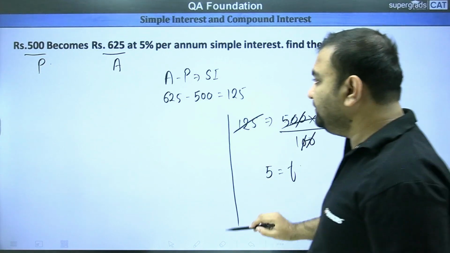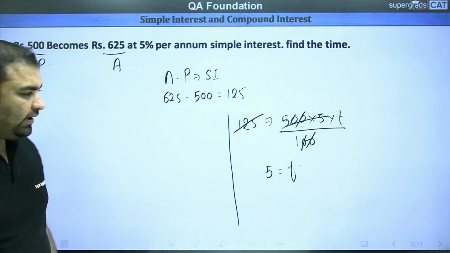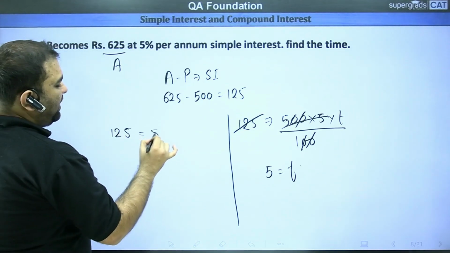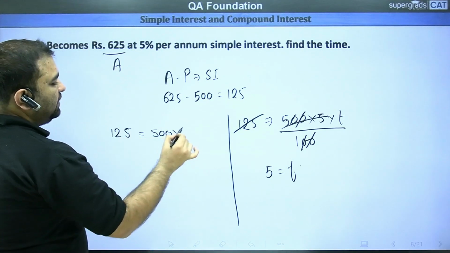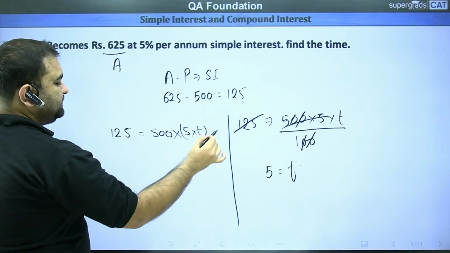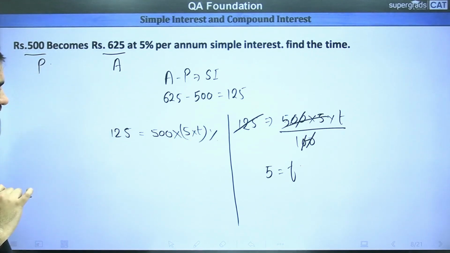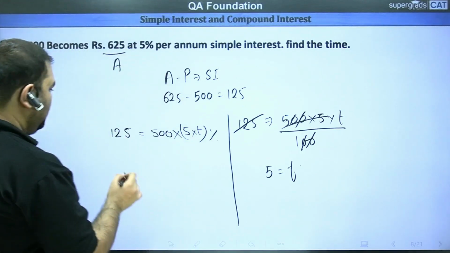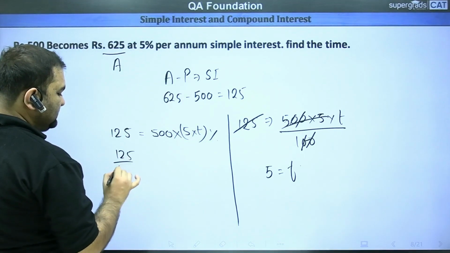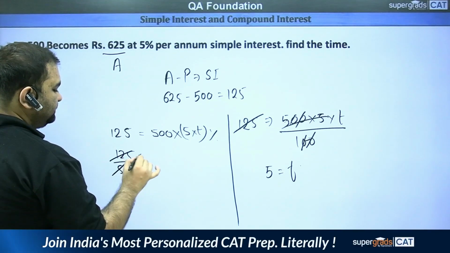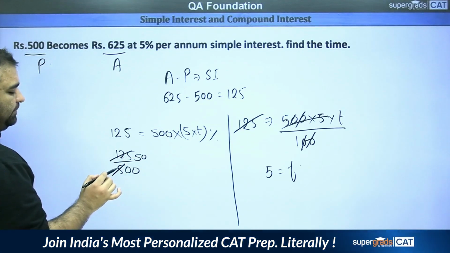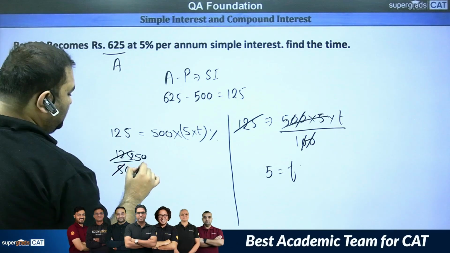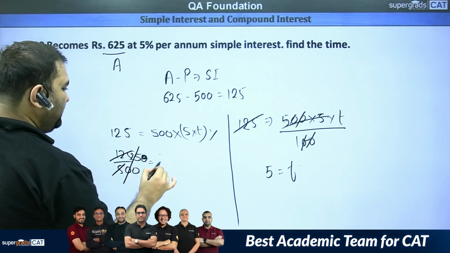ऐसे भी कर सकते थे कि 125 जो है, 500 का RT परसेंट है, 5 इंटू टी परसेंट। तो 125 बेसिकली 500 का कितने परसेंट है आपको ये देखना है। 25 by 100 is 1 by 4.